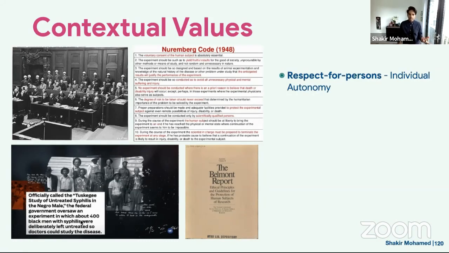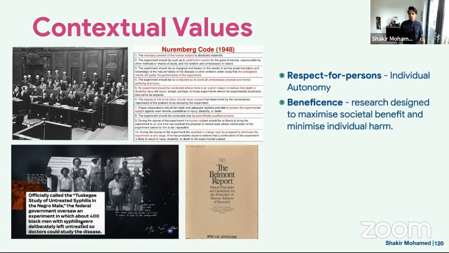The first is respect for persons, which means that every person must be given autonomy and individuality. Then beneficence: our research must be designed to maximize societal benefit, but minimize harm to individuals. And then justice: the burdens and benefits of research must be distributed across society.